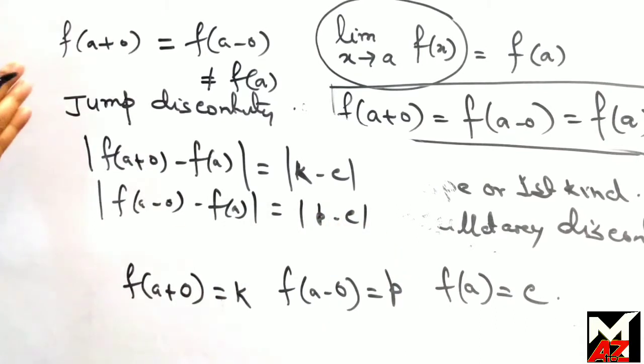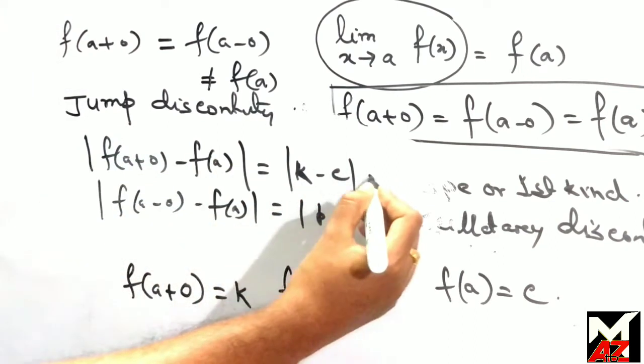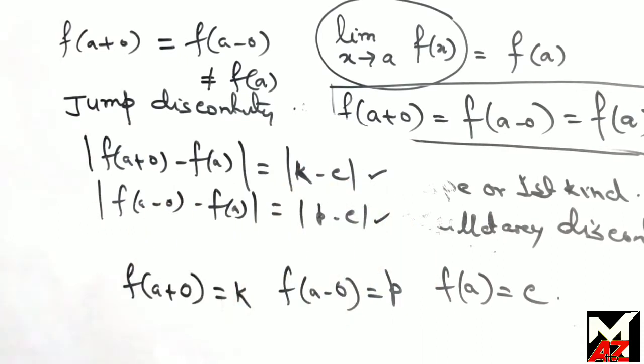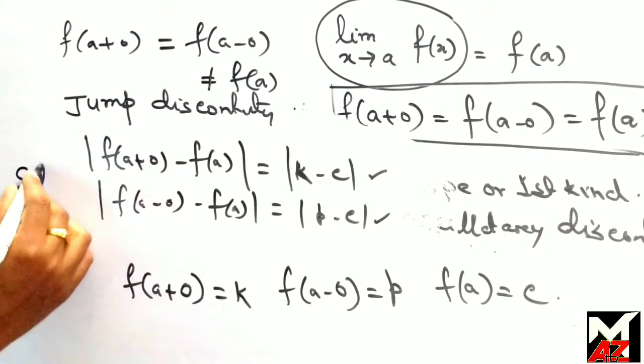So this type of discontinuity is called jump discontinuity at x equal to a, and this is the right jump, this is the left jump. The amount of jump is also called saltus.